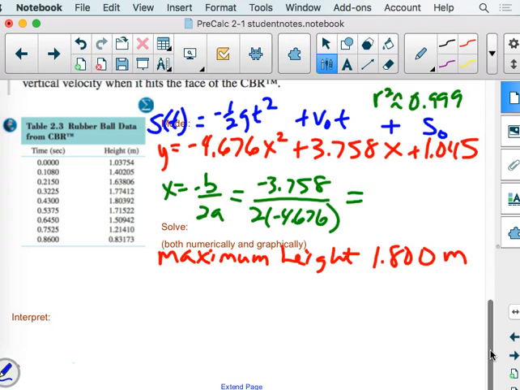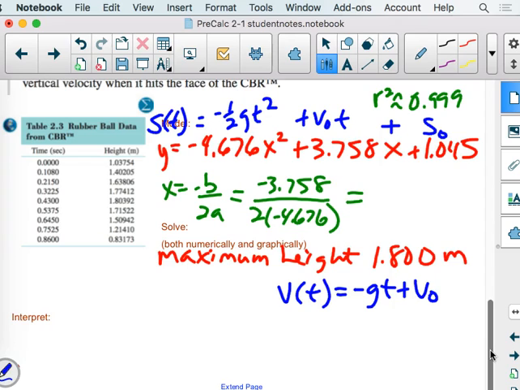Because the formula I have to use is v of t equals negative g t plus v sub naught. And what I'm trying to do is build a formula that will give me everything that I need. Well, this looks like we just have a little matching to do.